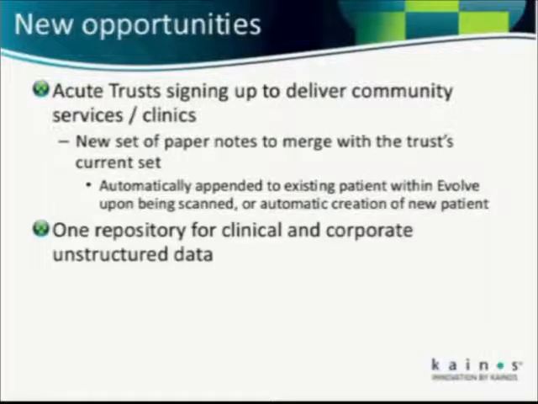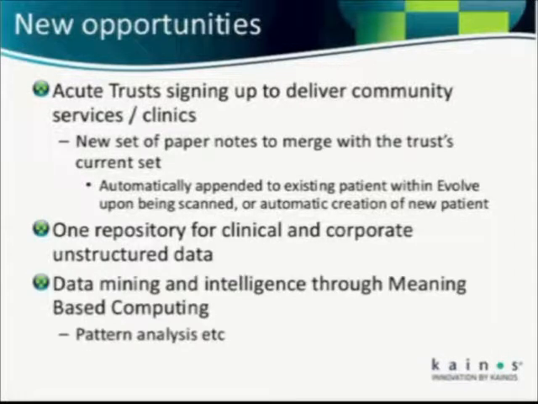You then have one single repository for both clinical and corporate unstructured data. So it's worth bearing in mind that when you purchase Evolve, you also get a license that will handle both the clinical and the corporate, so human resources, finance, HR data, all within the one solution. And because you now have all of your information within the one solution, you can start to make better use of that information.